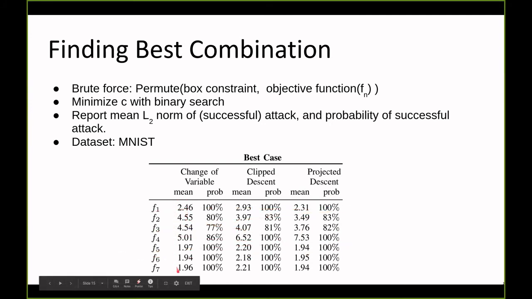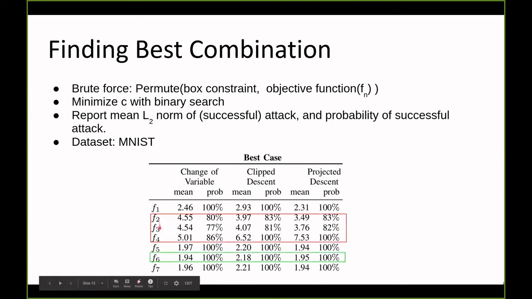This mean gives the mean over the images of the size of the, in this case, the best case perturbation that led to a successful attack. And the probability says with what probability they were able to find one.